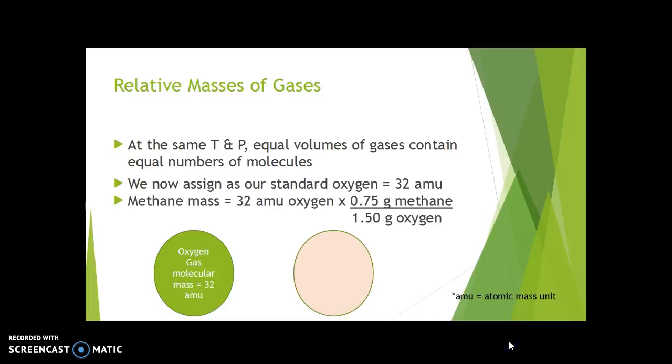That means that the methane mass must be 32 AMUs, which is the oxygen, times the ratio of methane, the whole assembly of methane, to the whole assembly of oxygen: 0.75 grams of methane over 1.50 grams of oxygen. And that must mean, when we multiply this ratio by 32 AMU, we get 16 AMUs for the methane.